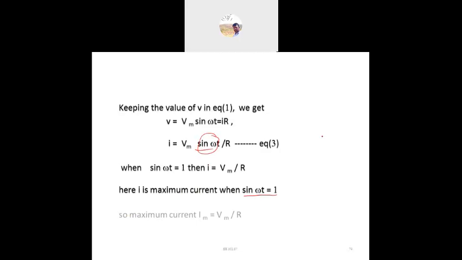Here we have taken the instantaneous current, I. At what point is it maximum? It is when sin omega t is equal to 1.